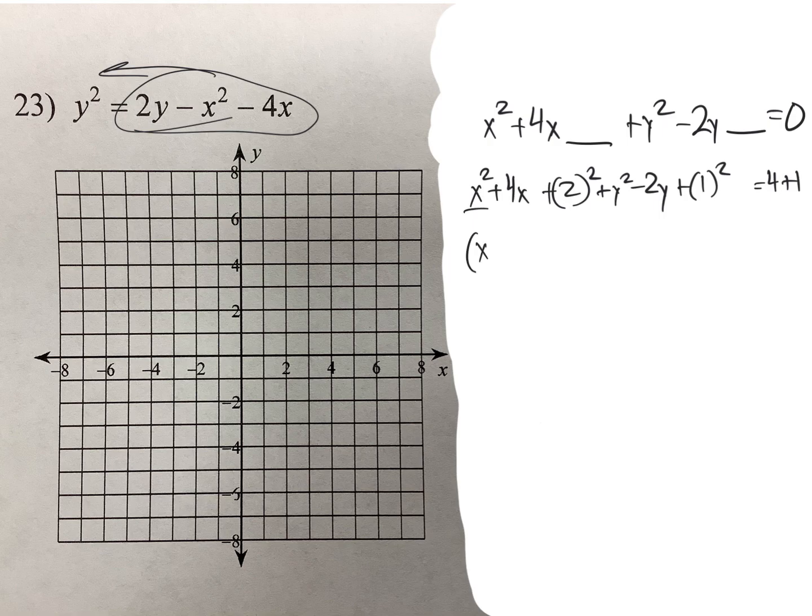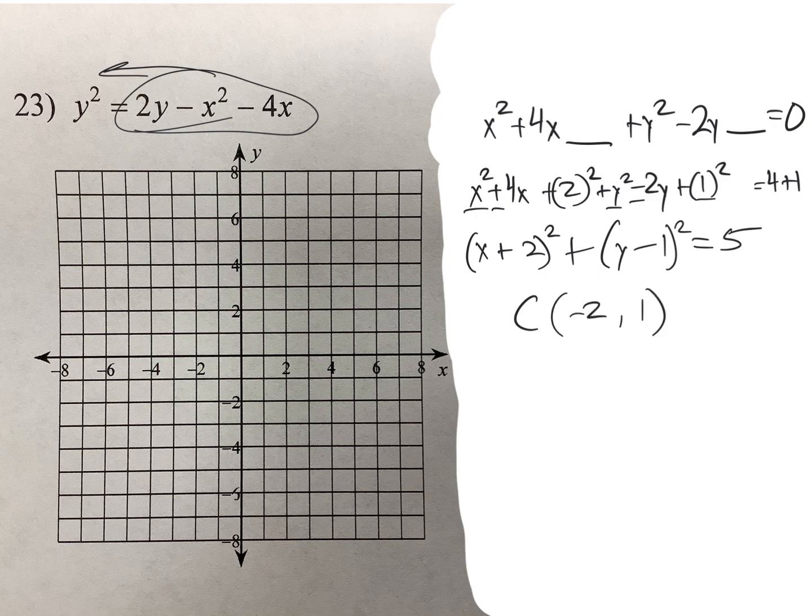First letter, first operation, and b over 2. First letter, first operation, and b over 2. 0 plus 4 plus 1 is 5. So our center is at negative 2, 1, and our radius is the square root of 5, which is about 2.2.